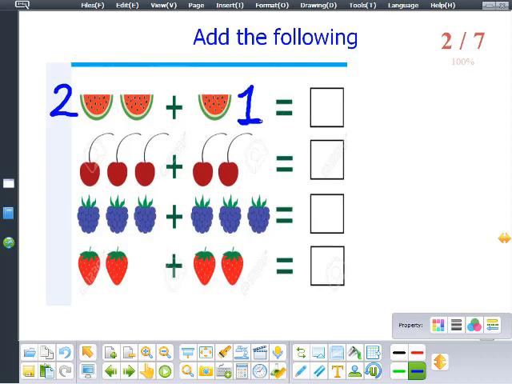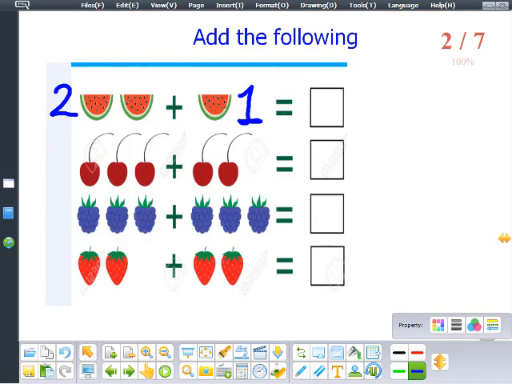Two and 1. Now I want to add this 1 to the 2 watermelons. How many watermelons do I have in all? When I find this sign, which is plus, I add.